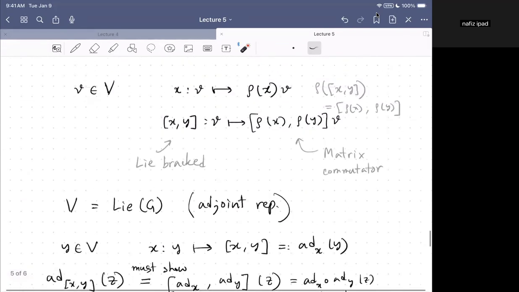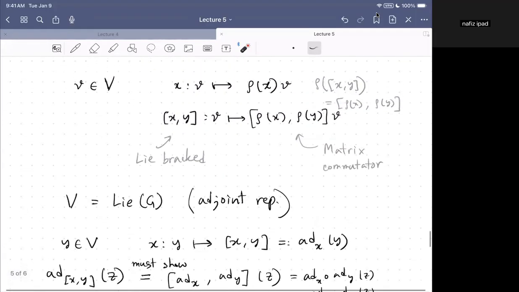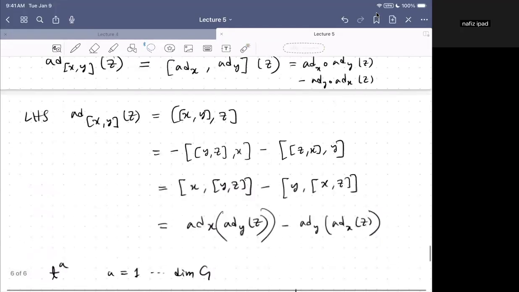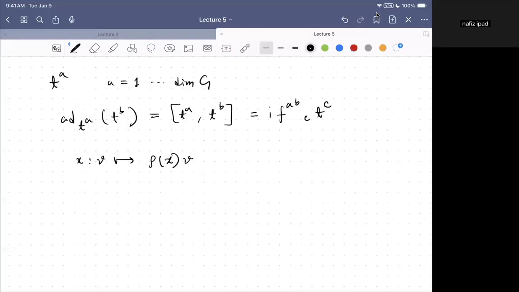Right. So what was going on here previously? A vector is mapped to a matrix multiplying a vector. Let's copy this. Now, what is this in components? V_i gets mapped to rho(X)_ij V_j.